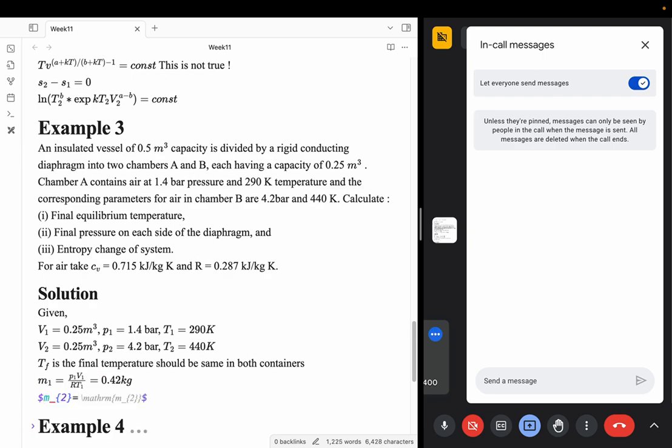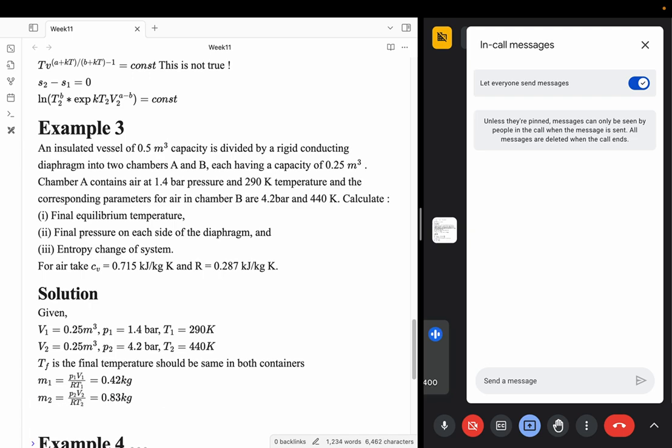M2, so you're using R value of 287, right? Okay. 0.83.